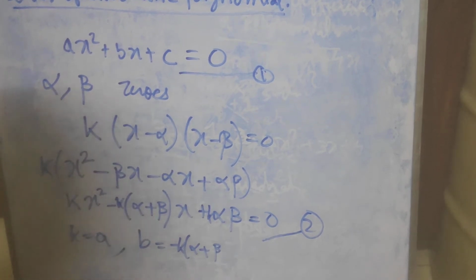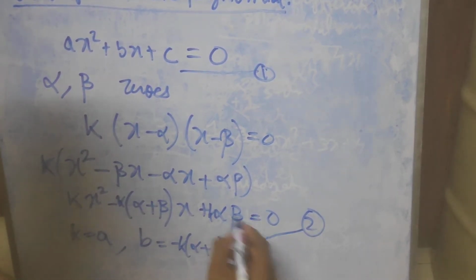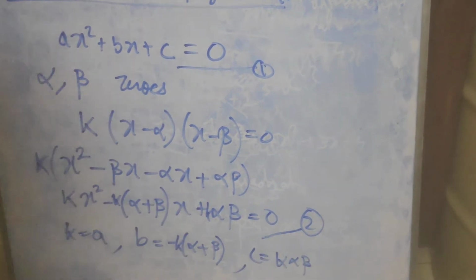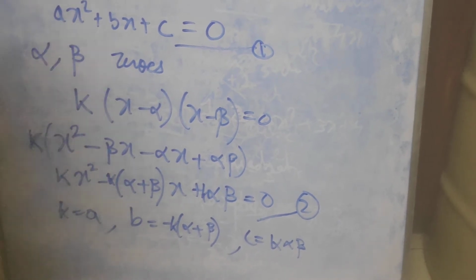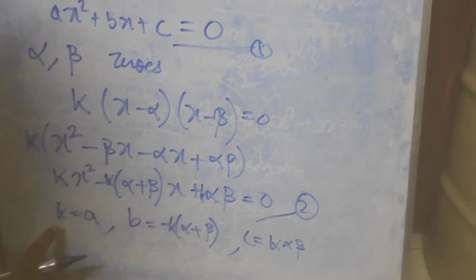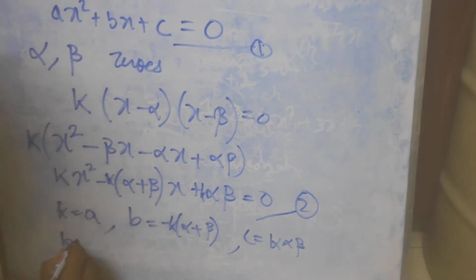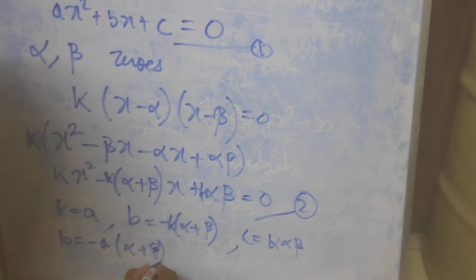So b is minus k into (alpha plus beta), and c is equal to k into alpha into beta. These are the relations between the coefficients and the zeros. Now if I substitute k equal to a in this expression, then b is equal to minus a into (alpha plus beta).